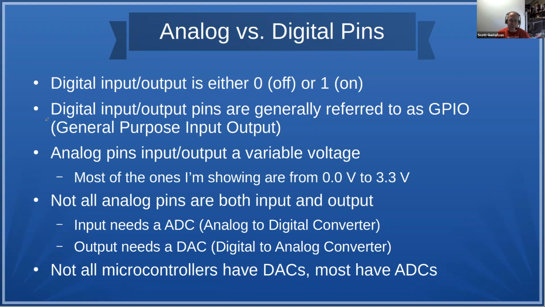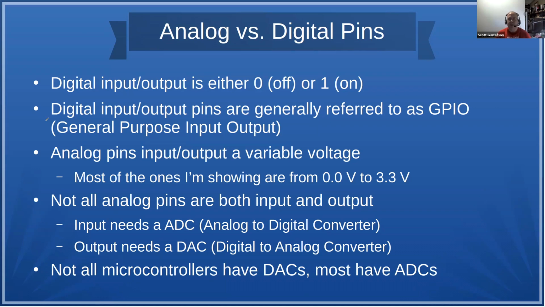But if I'm doing input and I'm doing analog voltage, I need an ADC, an analog to digital converter. That takes my analog voltage from say 0 to 3.3 volts, somewhere in there, and converts it to a digital value I can read. So I get back basically a percentage. If I'm at 1.6 volts or so, I'm going to get my 50% approximately back. Same thing with output.